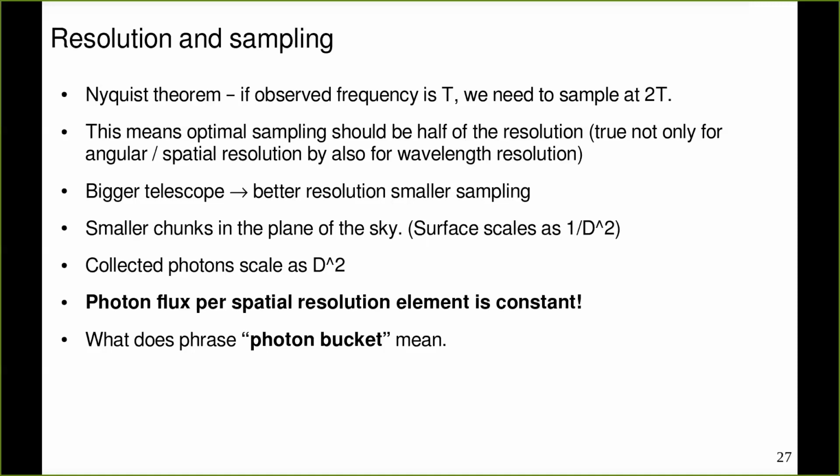So strictly speaking, bigger telescopes have worse signal to noise in some contexts, which is of course not as easy as it sounds, but there are a lot of things that we need to take into account.